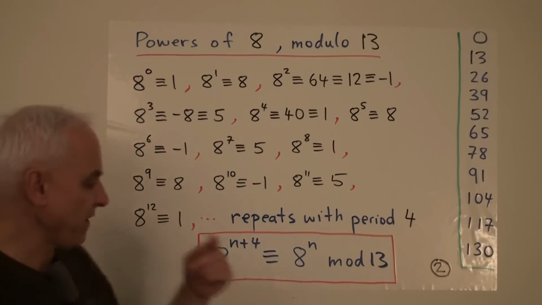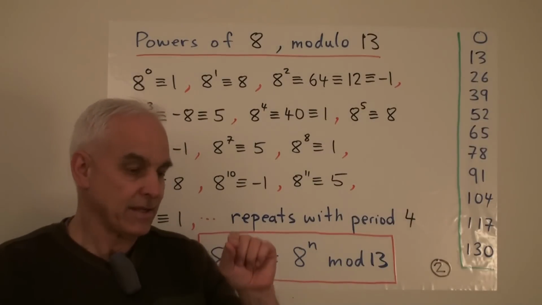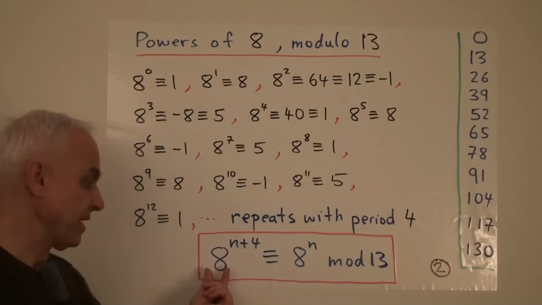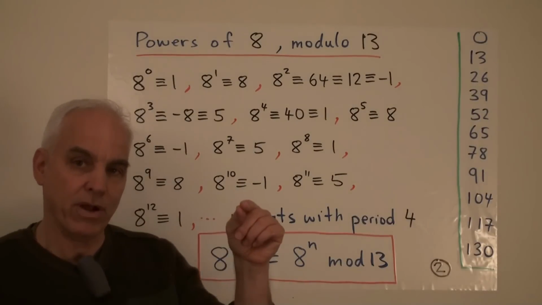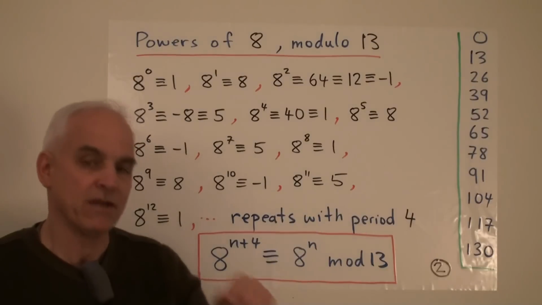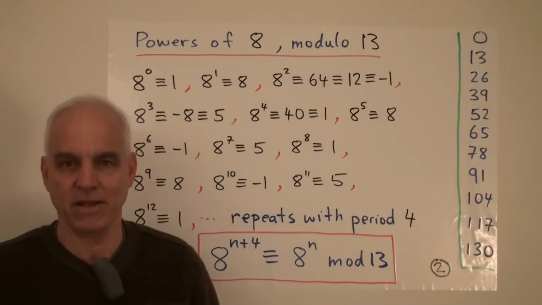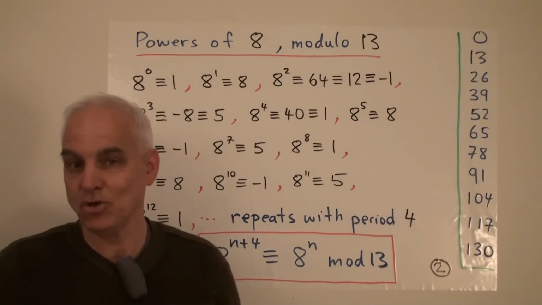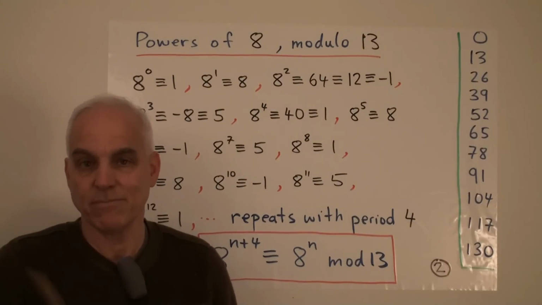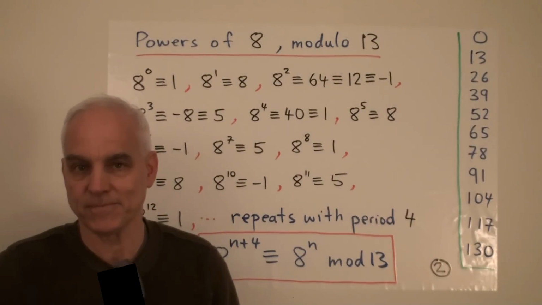So this is a very important fact that if we look at a fixed modulus and a fixed number, just powers of that number, we end up in some kind of cyclic loop. There's a periodicity happening there, and that's sort of the key to this modular arithmetic story here.